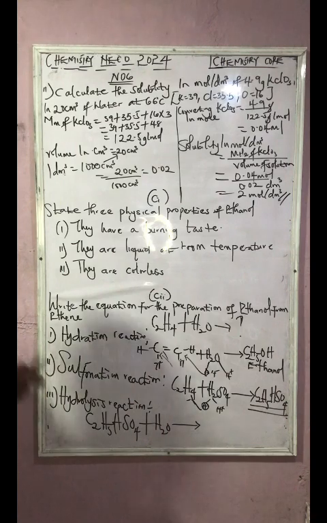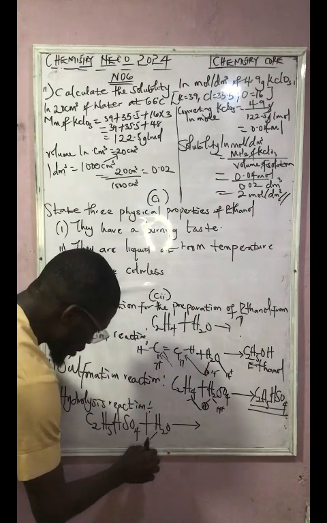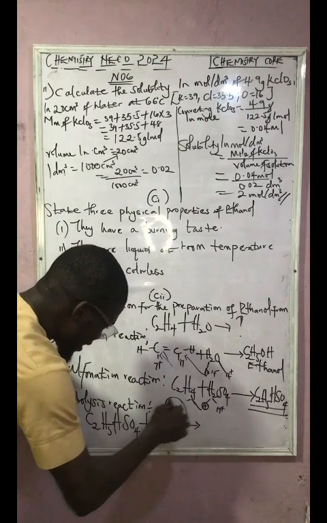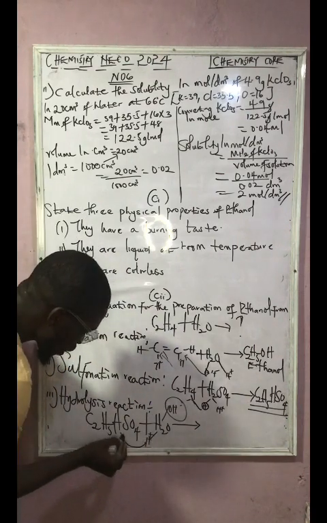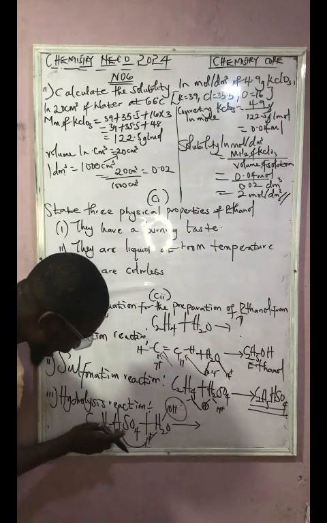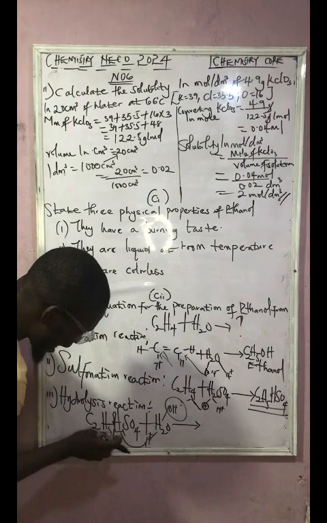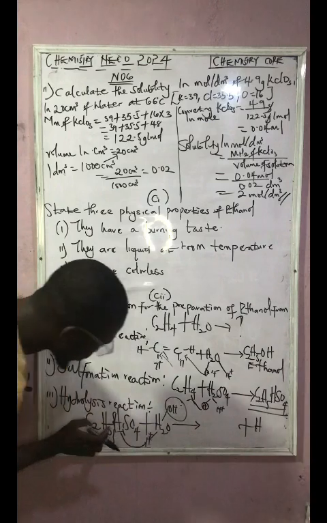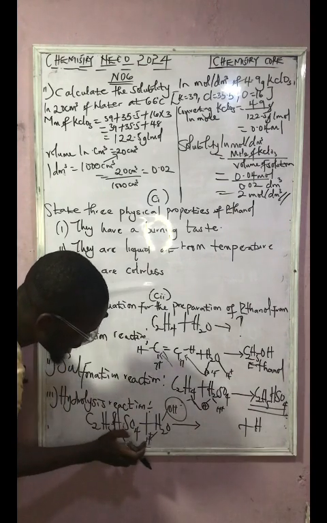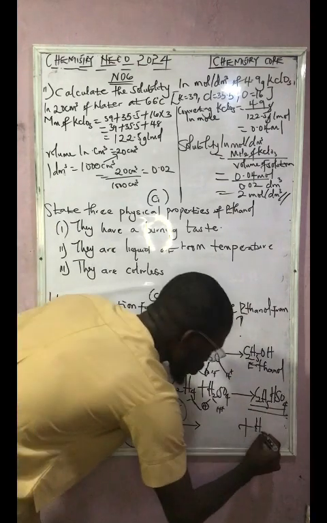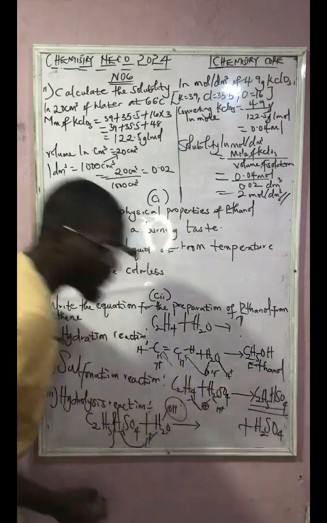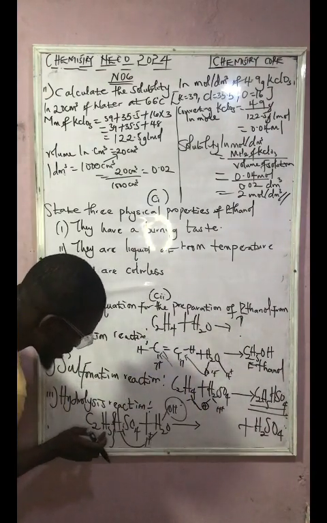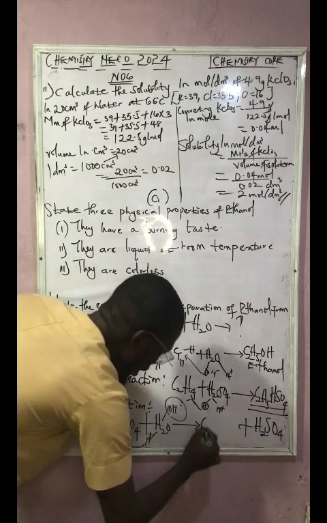So now this is where we are coming. Mind you, when you separate this into two, we have hydrogen positive, and here we have OH negative. So this one here will be reacting with what? There's a cleavage here. HSO4 plus H. Initially we have HSO4, but because of this hydrogen ion that is coming to this one, we have H2SO4 back. While this OH here will attach itself to this C2H5, so we have C2H5OH.